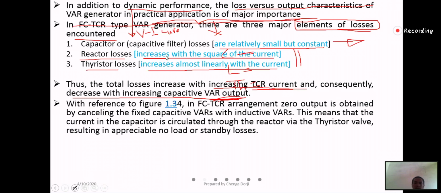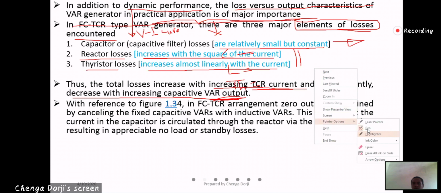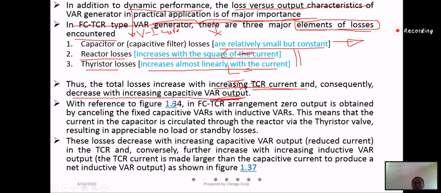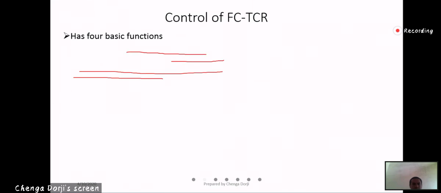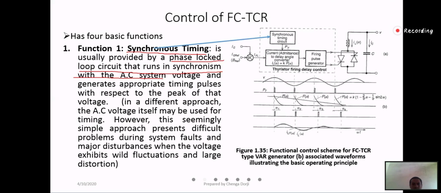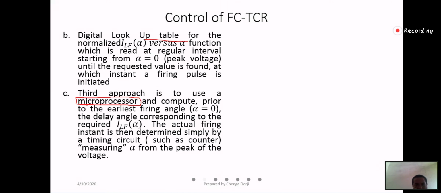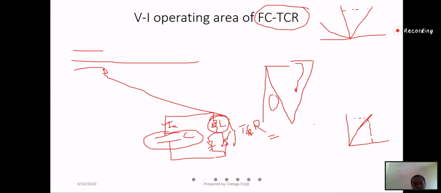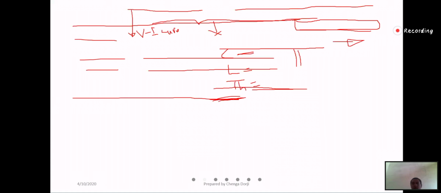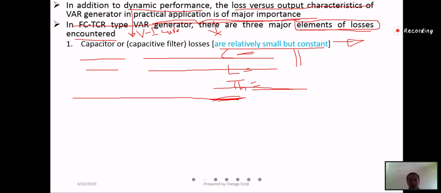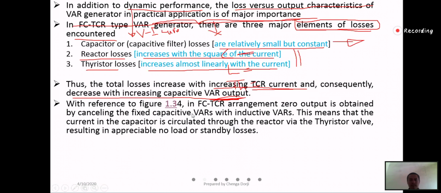So with reference to this figure, you see what is written here: the VAR demand versus VAR production characteristics.